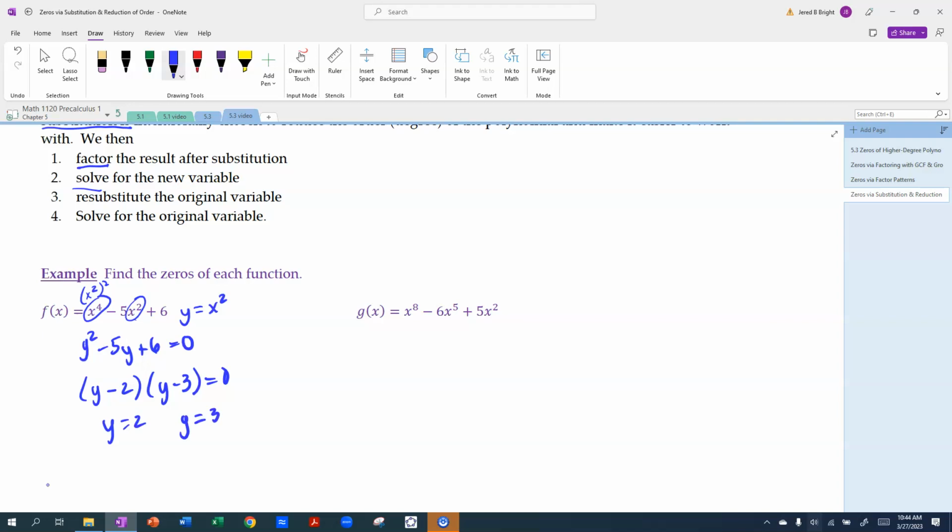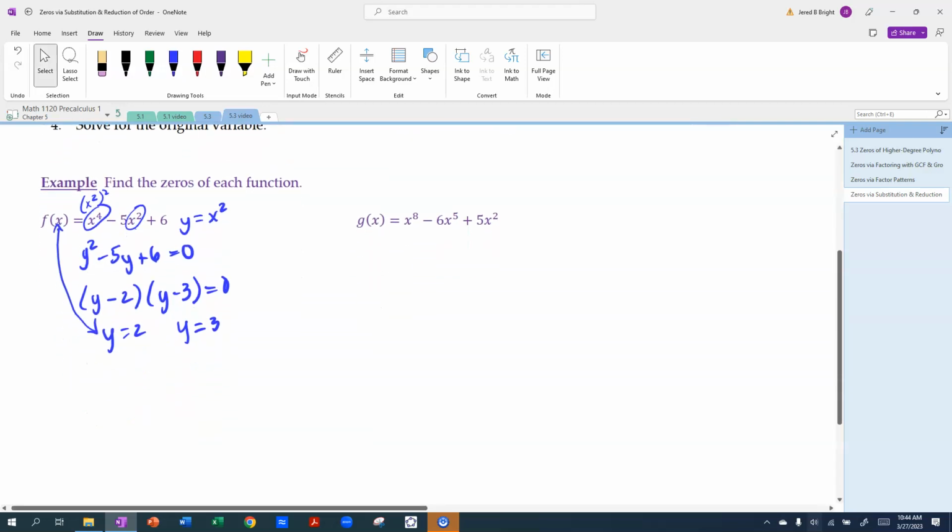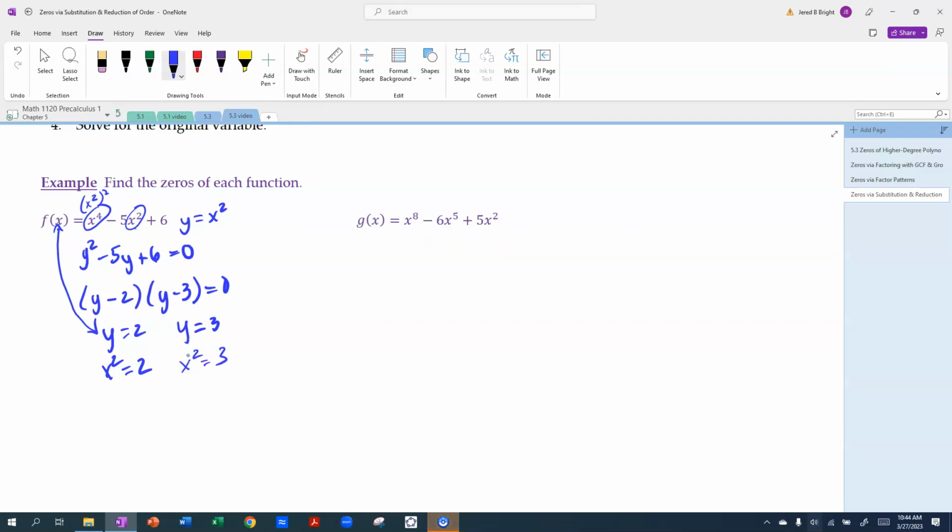Now, the original problem was not a function of y, it was a function of x. So I was able to solve it for y, but I want my answers in terms of x. So now I resubstitute: x squared is equal to 2, and x squared is equal to 3. Solve for each just by square rooting both sides.